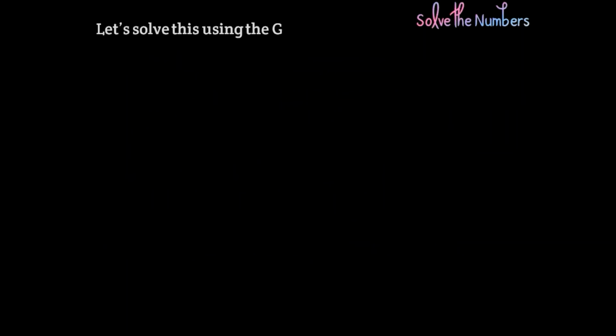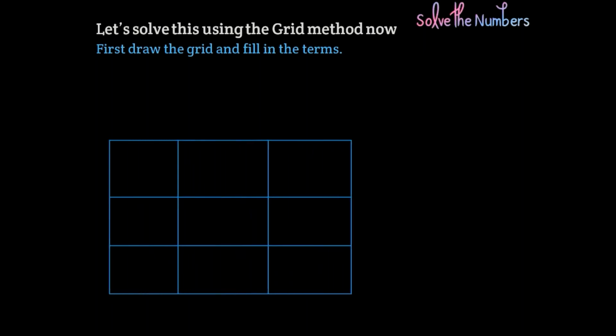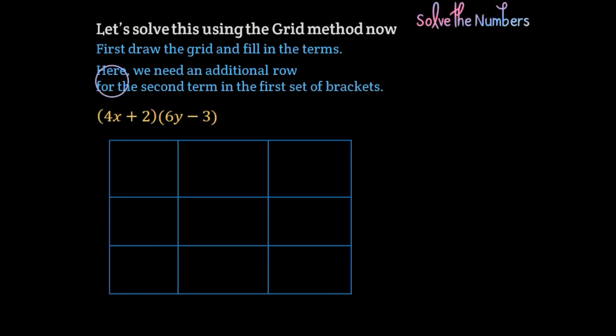Let's solve this using the grid method now. First, draw the grid and fill in the terms. So here we have our grid. Notice that there is an additional row. Here we need an additional row for the second term in the first set of brackets.